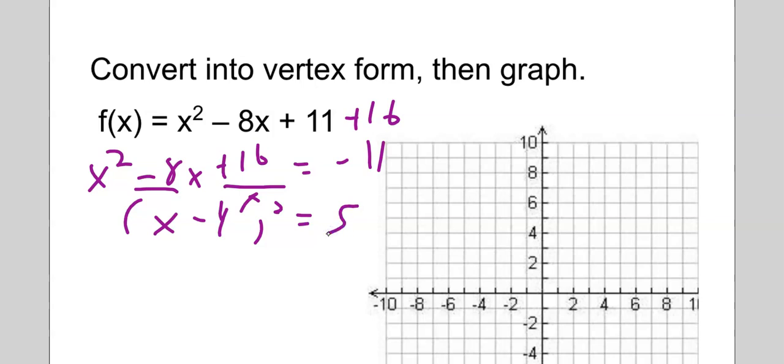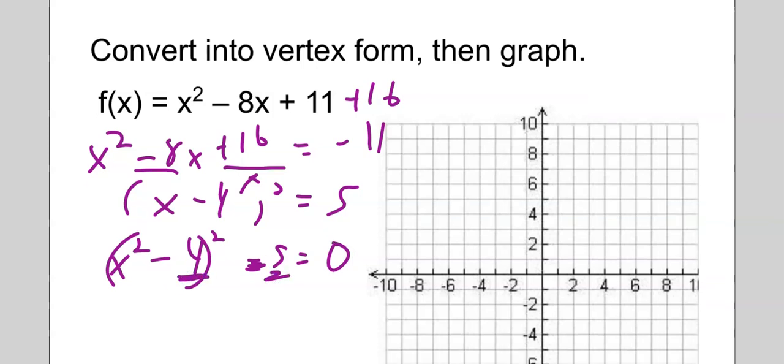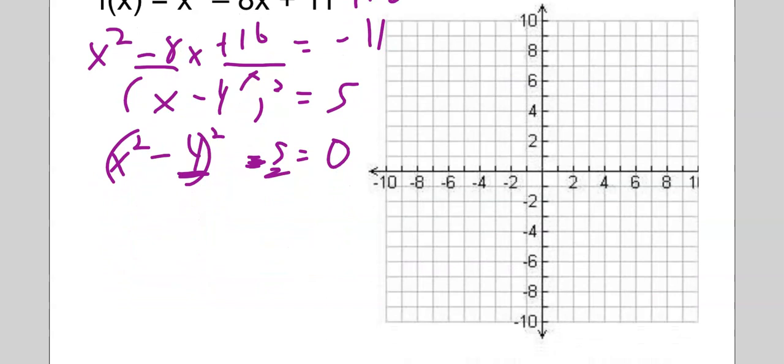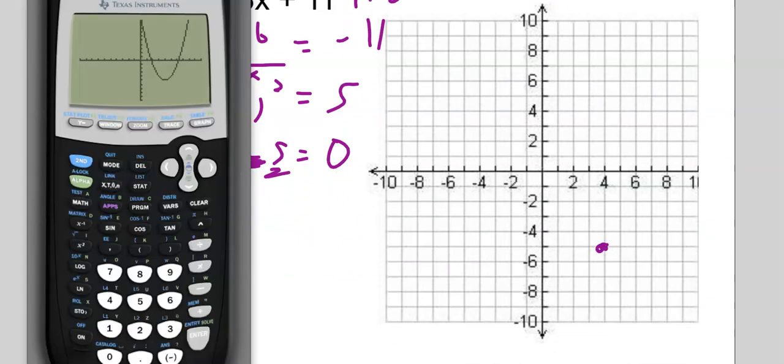And then I'm just going to move that back over and get x minus 4 squared minus 5 equals 0. So what is my vertex? 4, -5, which is what I said is probably around that area. So 4, -5. Okay. Let's go to the calculator.